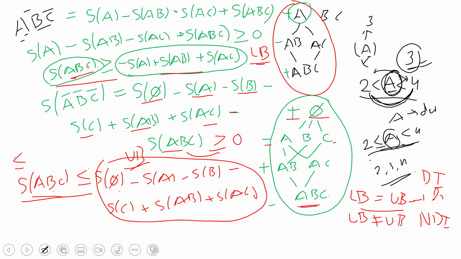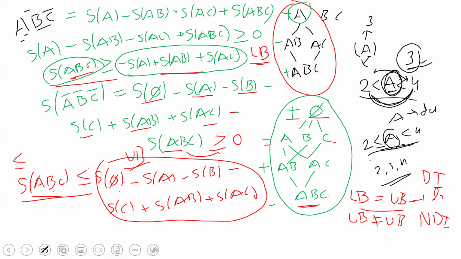Now our focus is, this looks like a tedious task, taking these values and subtracting everything. But I'll show you how to calculate the lower bounds and upper bounds of a particular item set that is given.